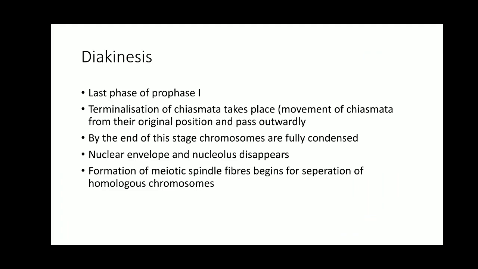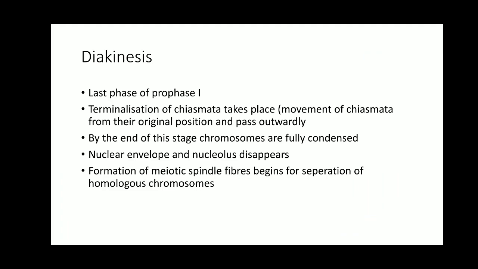By the end of this stage, chromosomes are fully condensed. The condensation was continuing in all the stages, began from the leptotene stage, and is going to complete in the diakinesis stage, and now the chromosomes are fully condensed and clear.